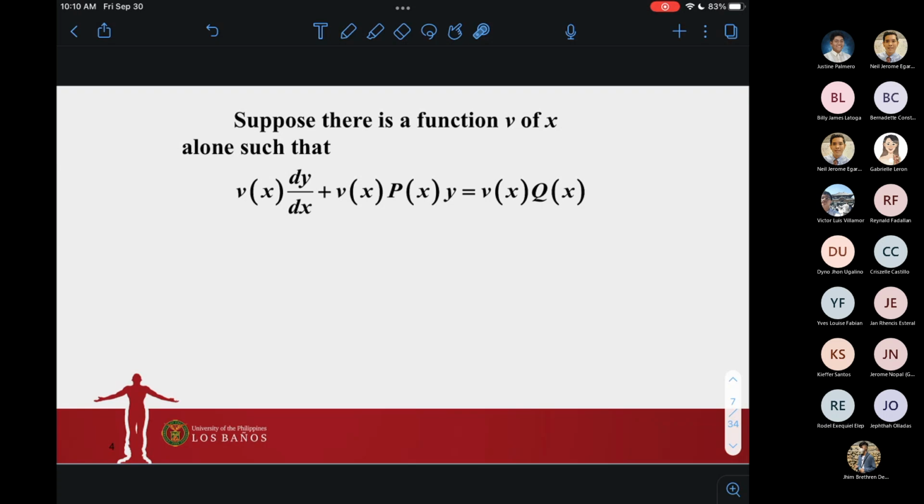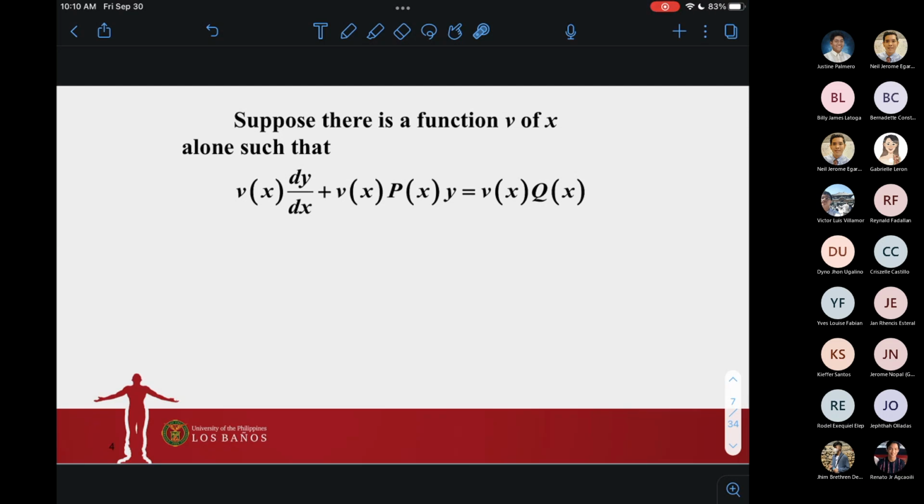So standard form nyo muna siya, tapos maghahanap tayo ng integrating factor. Ang integrating factor na yon ay si v of x na ipang-multiply ko to both sides of the equation. Now, ano yung gusto kong maging property ng integrating factor, or what would be our criterion para masabi na yung function na ito ay yung integrating factor na kailangan ko?